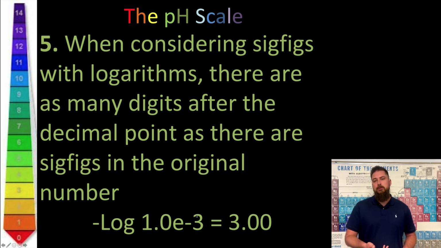And then we're also going to use the Kw expression, or the equilibrium expression for the ionization of water, which is Kw equals hydronium ion concentration multiplied by hydroxide ion concentration, to help us solve some of these problems as well. So that's all there is for these particular notes. Come to class with questions and have a good day.